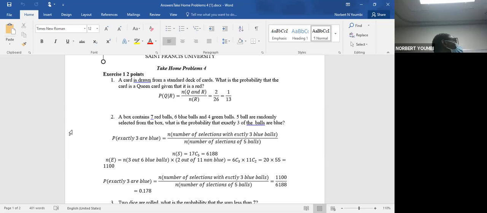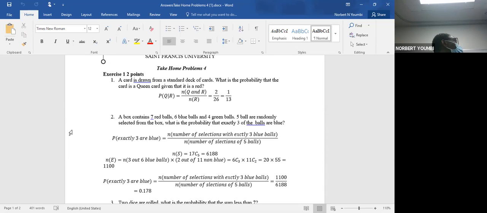Okay. A box contains 10 red balls, 6 blue balls, and 4 green balls. 5 balls are randomly selected from the box. What is the probability that exactly 3 of the balls are blue? So exactly 3 blue will be the number of selections with exactly 3 blues divided by the number of selections of 5 balls.